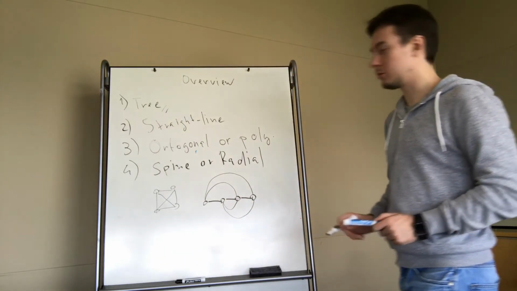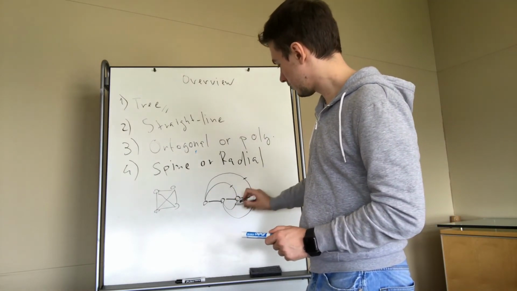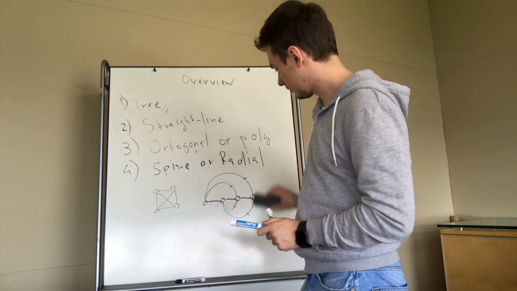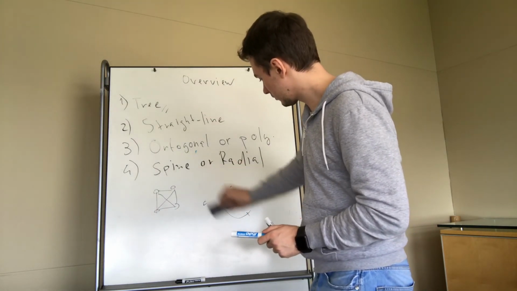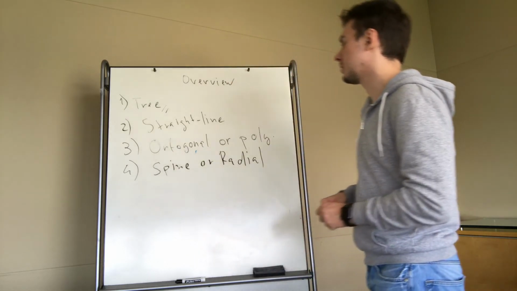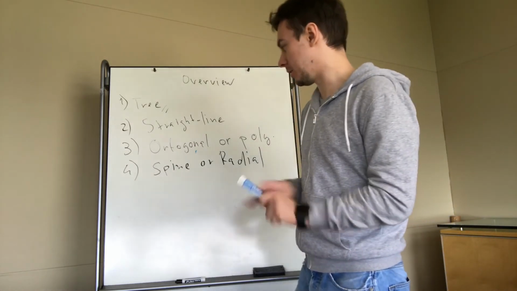In this case, we used arcs to draw 4 edges. Sometimes it's more convenient to use spines instead of arcs, but it depends on the algorithm.